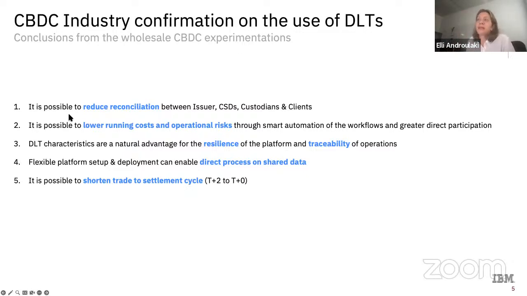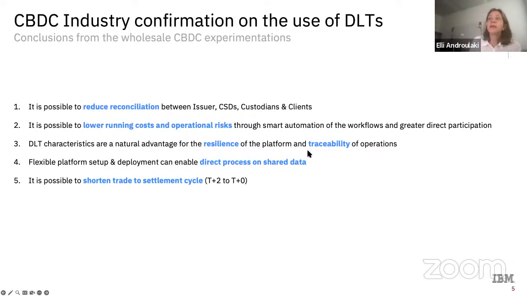And that automatically allows, together with the transparency, the reduction of the reconciliation time between issuers, security depositories, custodians and clients, all the way resulting in a much shorter trade-to-settlement cycle of essentially 0 days, within the same day at least, compared to today, where it would take at least a couple of days to take place.